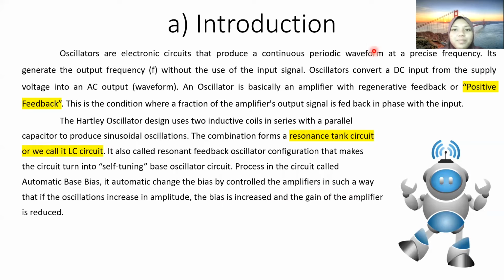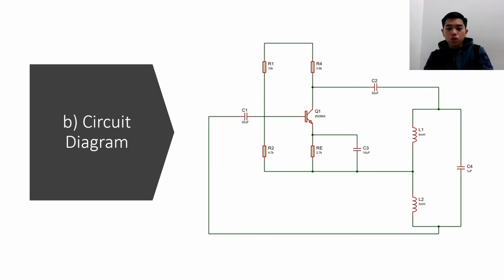My name is Muhammad Faris bin Azmi. First I want to explain my part, which is the circuit diagram. This is the circuit diagram of the Hartley oscillator. In a Hartley oscillator, the oscillation frequency is determined by a tank circuit.